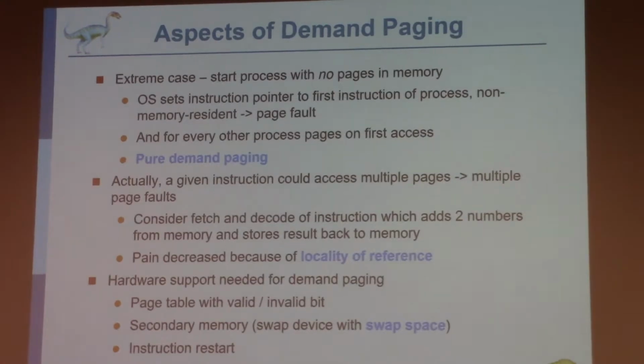So this is called the page fault, and this is based on demand paging. Demand paging means that instead of loading all the pages into the physical memory, we load only what is needed.